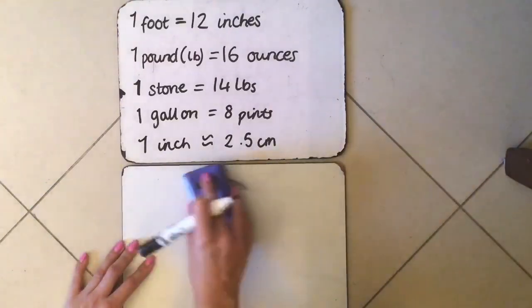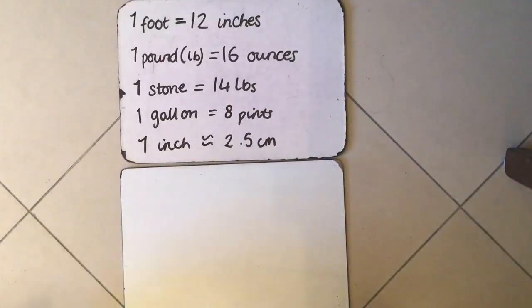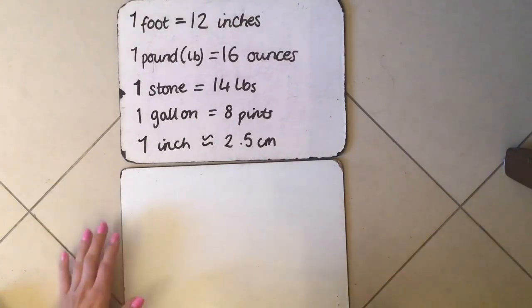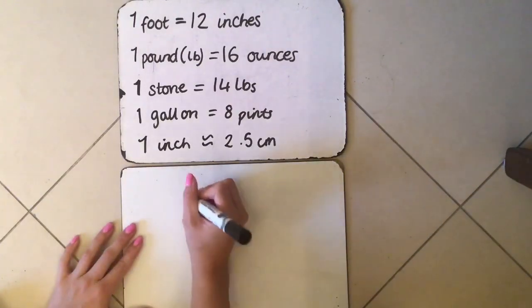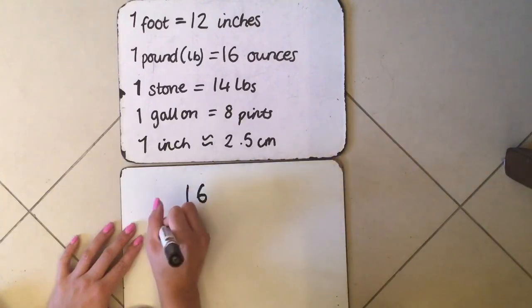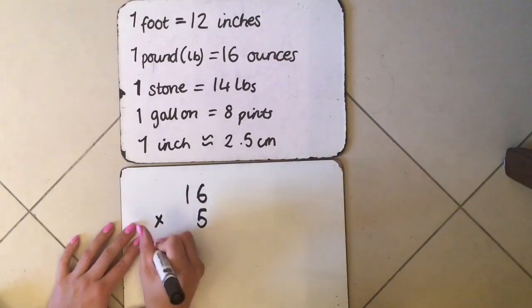The next one I've got pounds and ounces. Again, it's going to be a similar thing. Let's say I wanted to find out how many ounces 5 pounds was. So I'd do 16 times 5.